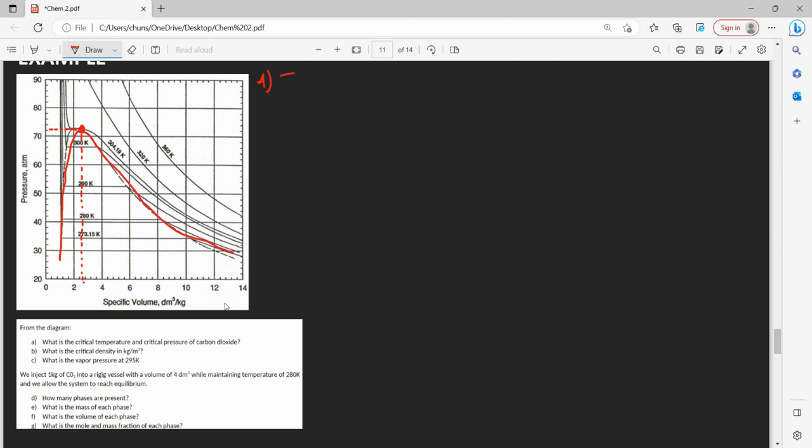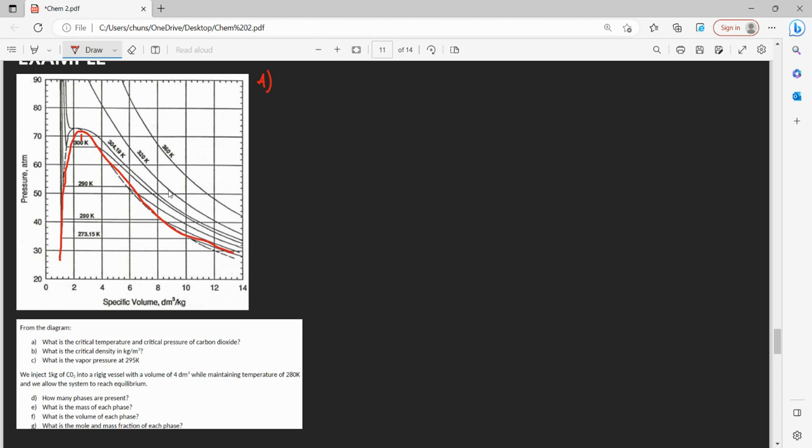So critical temperature, since our temperature is labeled on our isotherms, we would kind of just find something that's partway in between. So let's just get rid of this clutter. So from our isotherms, we can see that this is roughly in between.